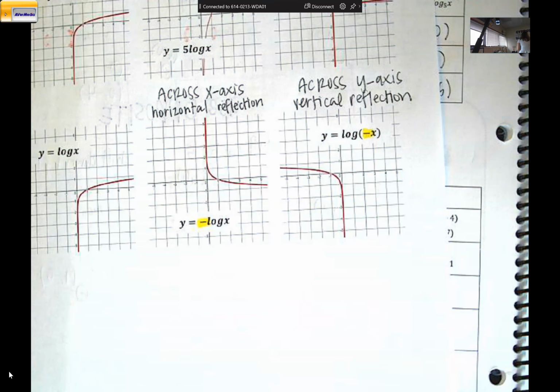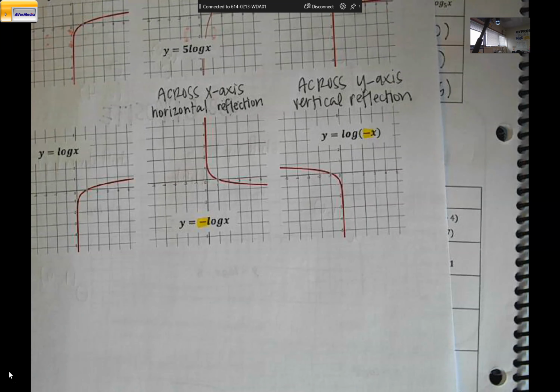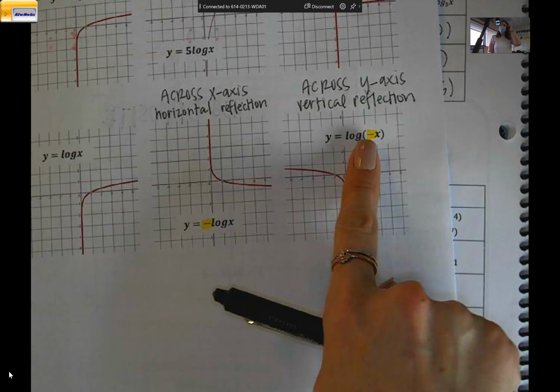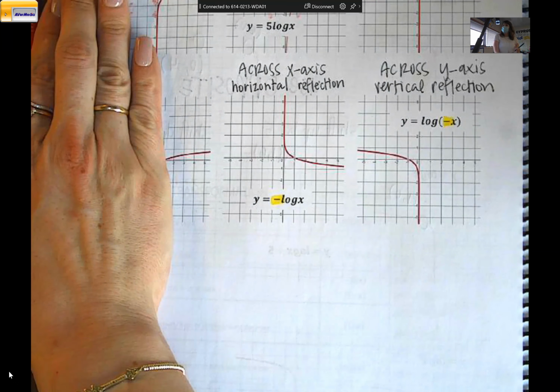What you really want to pay attention to is where the negative is. If it's outside, it's x-axis. If it's inside, it's y-axis. So this flipping across the y is new.